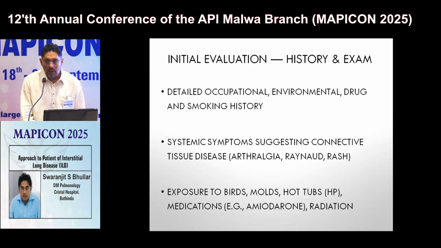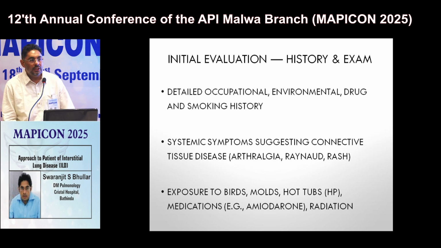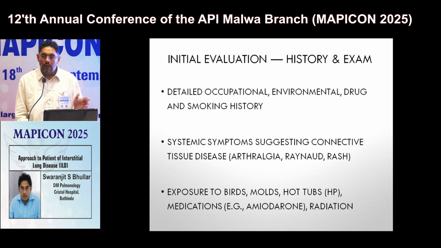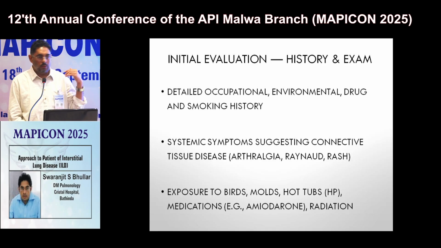Now coming to the history and examination, always take a detailed occupational history. Very, very important history. What we found is, if I see a suspected ILD in our part, especially in Punjab, always ask for two things: one is the occupation of farmer's lung, and the second is bird fancier's lung. I have seen this disease in pigeon breeders.